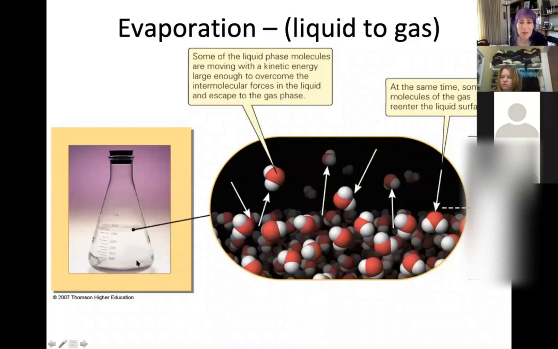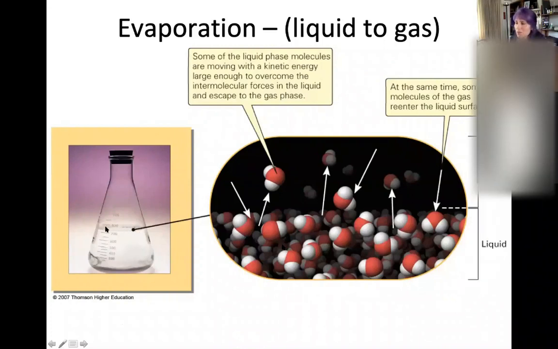So we can think about, here we've got a flask with water in it. And at that surface, down below we have the water molecules close together in the liquid.